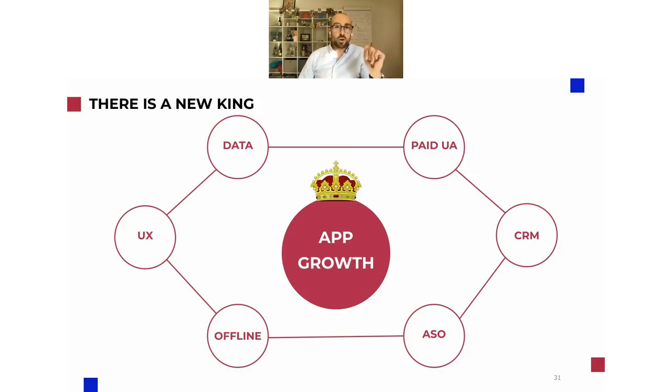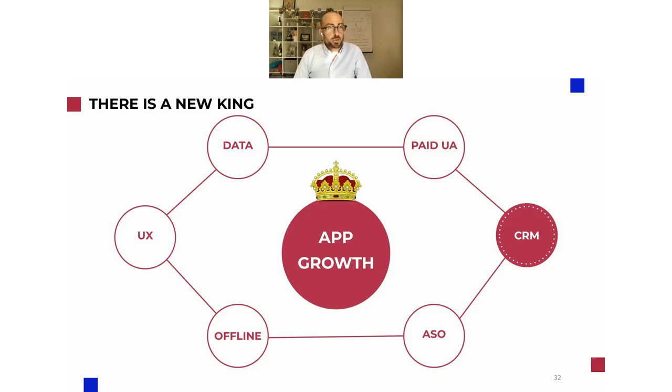We have seen that paid UA is not enough anymore alone. That's why at the center of the kingdom there is app growth as a concept, and around it are the different areas which are offline activities, app store optimization, paid UA, of course UX and UI, but most importantly CRM, which is the topic of today.